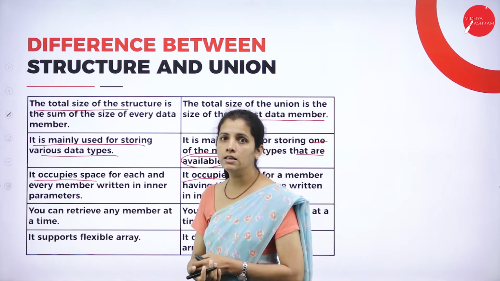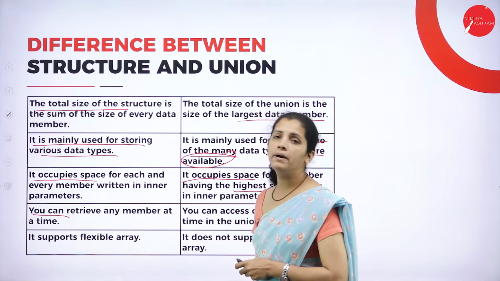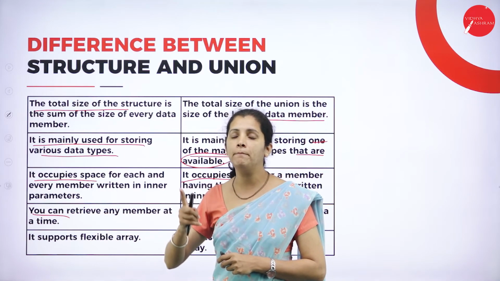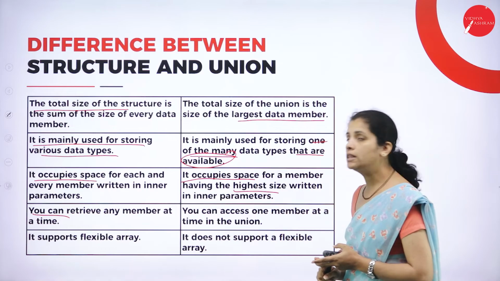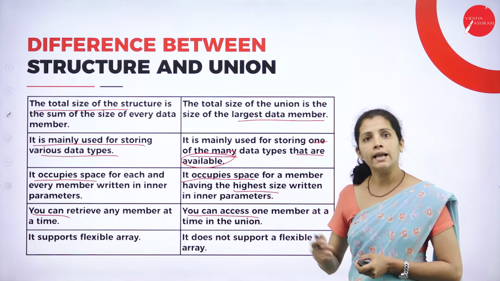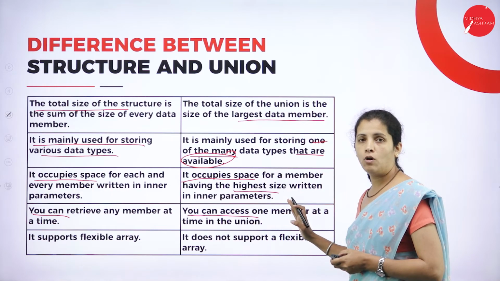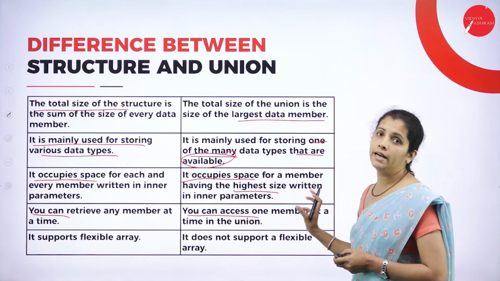If I consider structure, you can retrieve any member at a time. But in a union, you can access only one member at a time, because the memory is shared between all the data members.